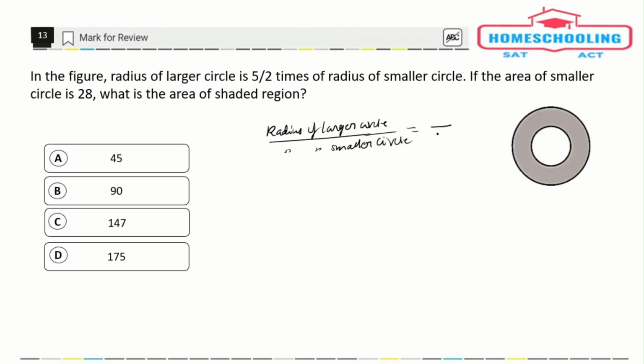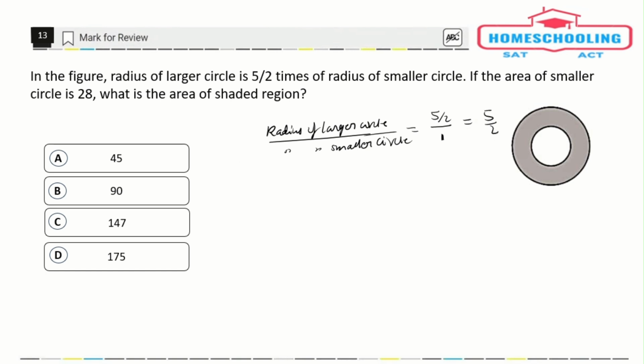So let's say the smaller circle is 1 and the larger circle is 5 by 2 times. So 5 by 2 into 1, that would be 5 by 2. So the ratio of the radius of the larger circle to the smaller circle is 5 by 2.